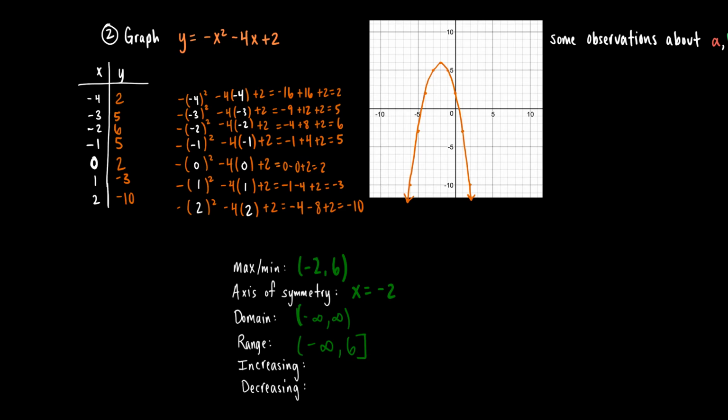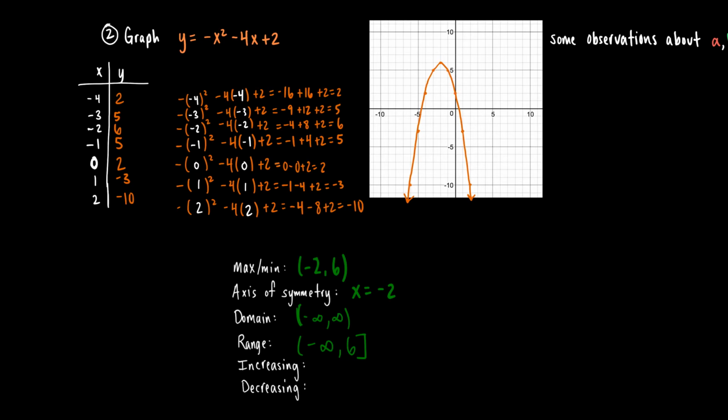All right, where is this function increasing? So if we look from left to right, if we follow this along from left to right, are we going up or down right now? We're going up, which means that the function's increasing right here. So on this portion of it, it's increasing. It starts decreasing right about here. So it starts going down.